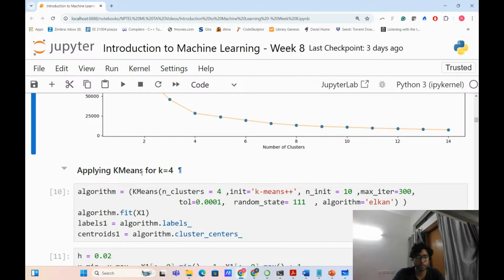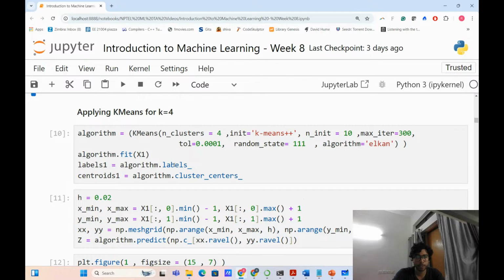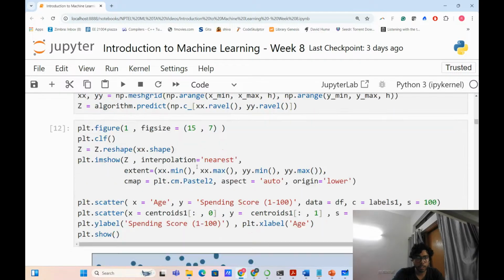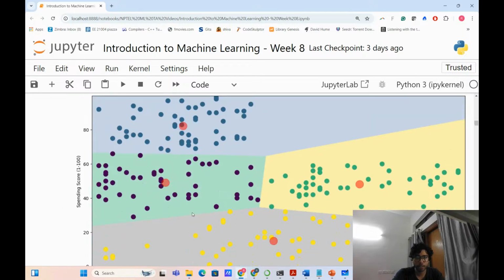So then what we do is we apply k-means for k equals 4. We build our k-means algorithm and fit it, and these are the centroids that we are calculating from here, right? And then again, we are plotting our data. These are the 4 clusters that it has made, right?